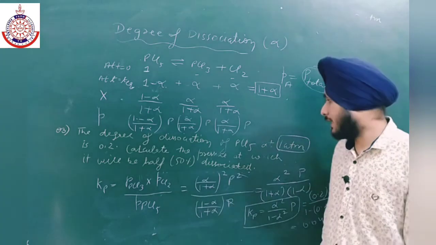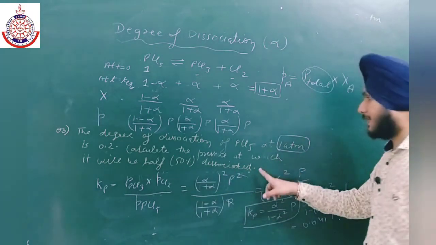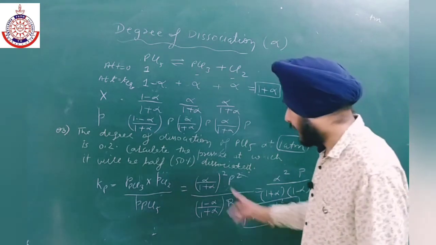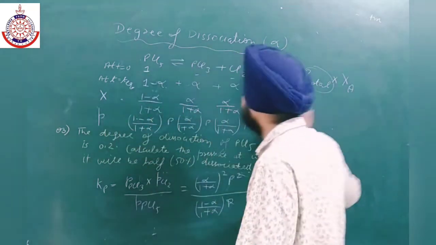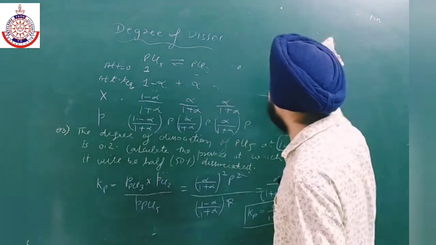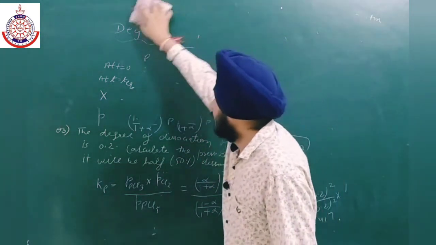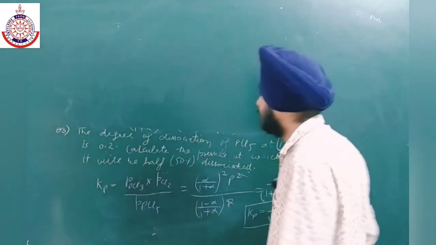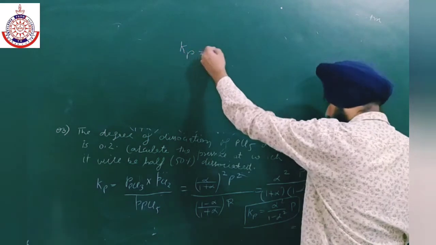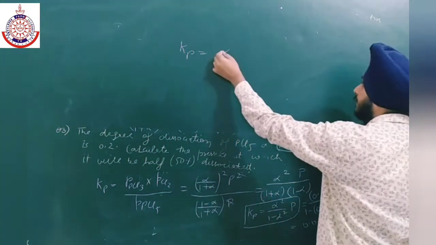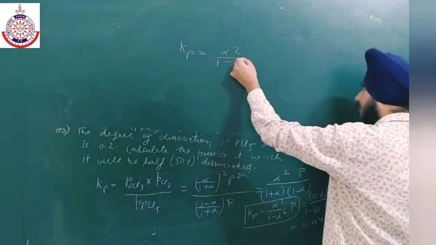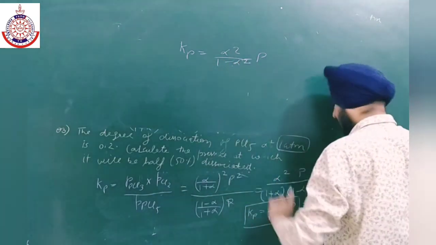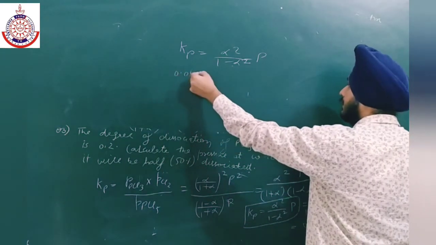Now we have to calculate the total pressure, capital P, at alpha equal to 0.5. Simply, Kp is equal to alpha square upon (1 minus alpha square) into P. Now alpha is 0.5, and Kp we have already calculated as 0.0417.